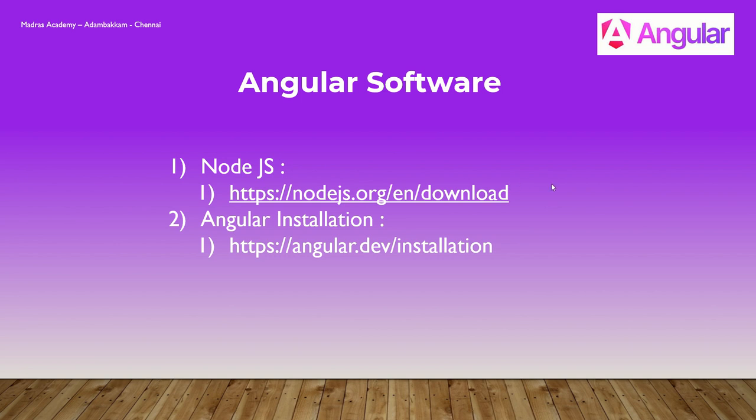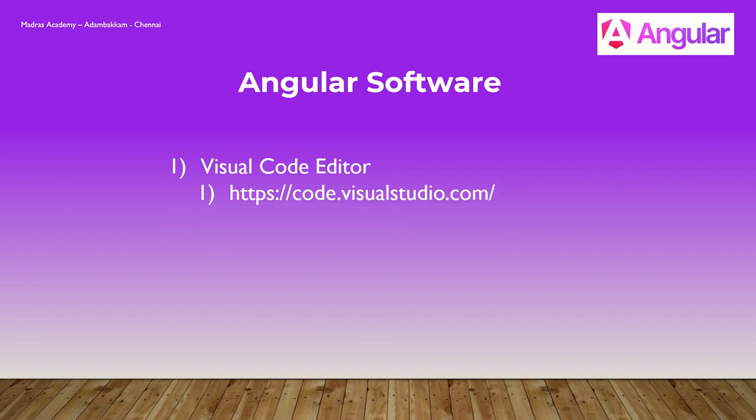Okay, so you just install Node.js in your system. Okay, and we need a Visual Studio Code editor, and we need to install the editor, and using this link you can download it.